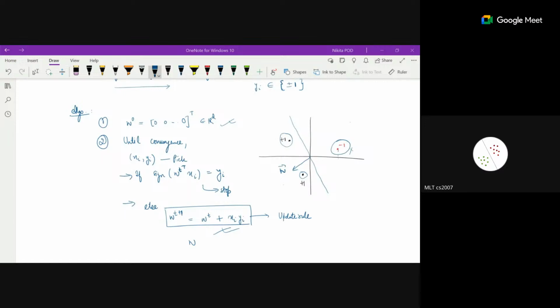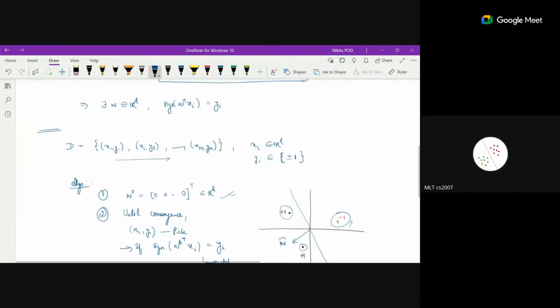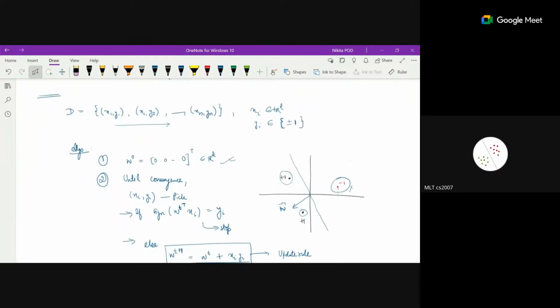I will do one example where I can show you. If in case there were 4 points, let's say here you had another one which was minus. So even this is not being correctly classified, and let's say on this side, you are left with one plus sign, plus one.